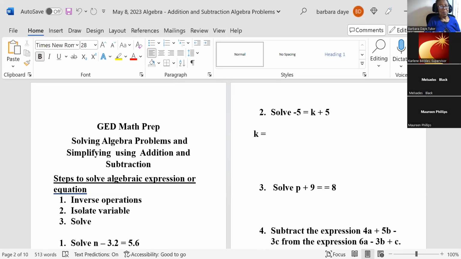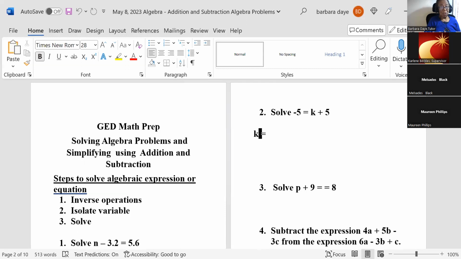I'm just thinking because it mentioned a minus and a plus. I got 0. That is a minus and a plus, right? But Maureen, what's the inverse of plus?